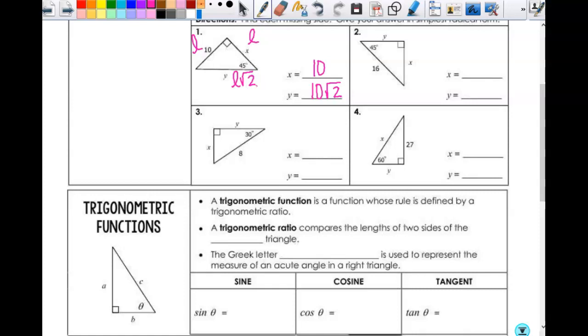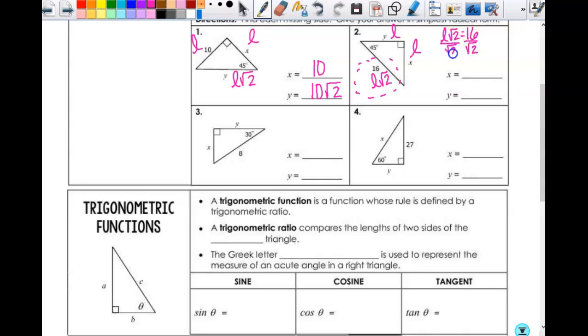Then we move on to number 2. It's another 45, 45, 90 triangle. Is this going to be 16 times the square root of 2? No. If we label L square root of 2, it's very clear that x and y are going to be the same length. Then we can write an equation: L square root of 2 equals 16. What do we do to get L by itself? Divide by the square root of 2.